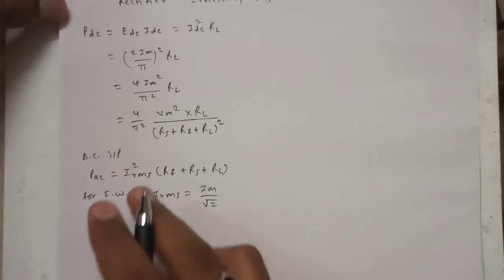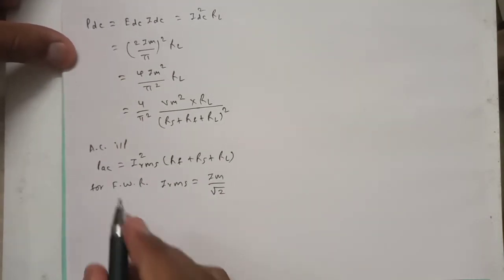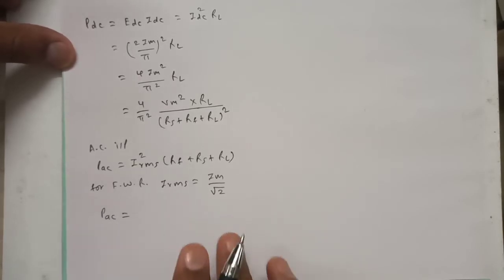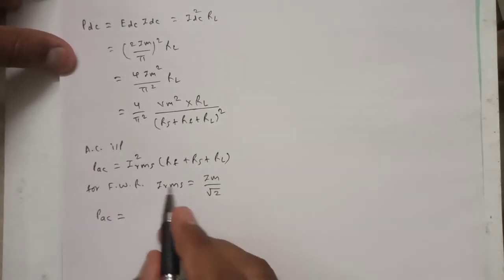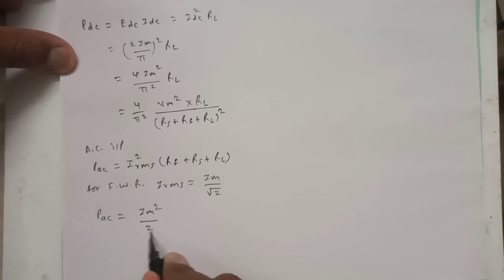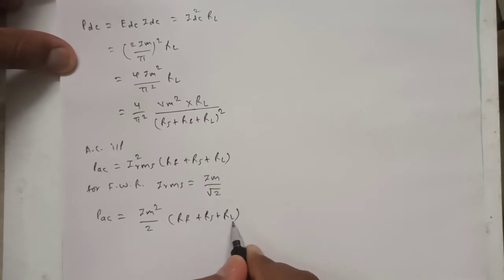So putting this value here, we get the equation of PAC, which is nothing but the applied AC input power. If I put it here directly, I get Im square divided by 2, in bracket all these resistors Rf plus Rs plus RL.